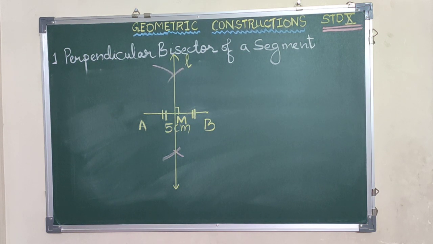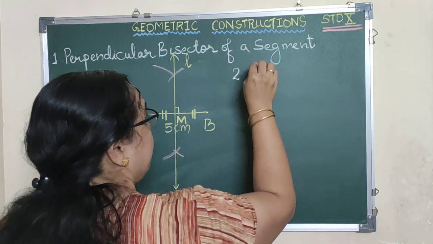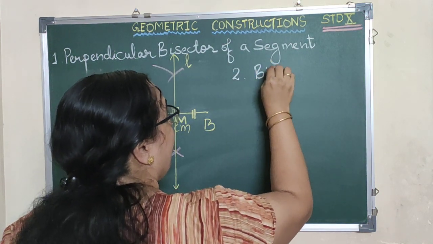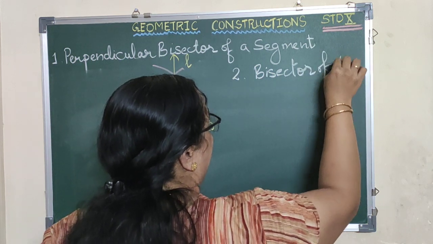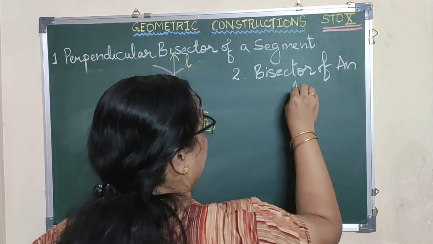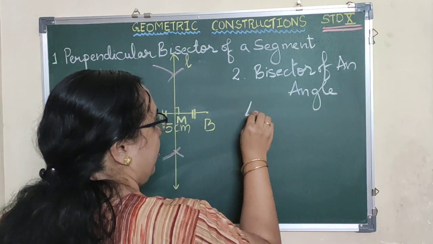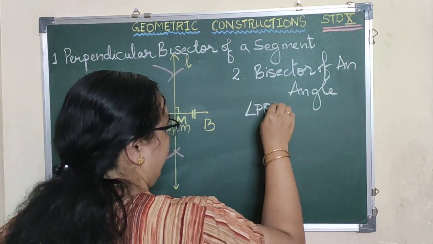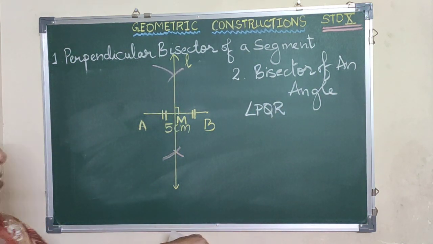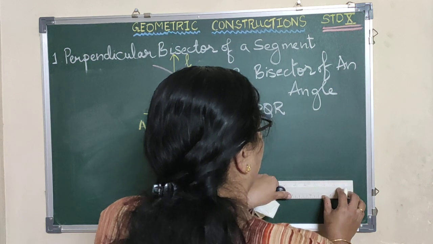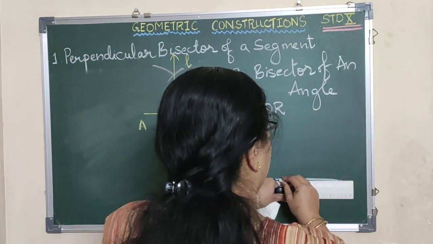Now we go further to the second construction, that is, as I said, the bisector of an angle. So I have an angle PQR. How do I draw an angle? I'll show you how to draw an angle when I'm doing this construction. First and foremost, I draw a ray.